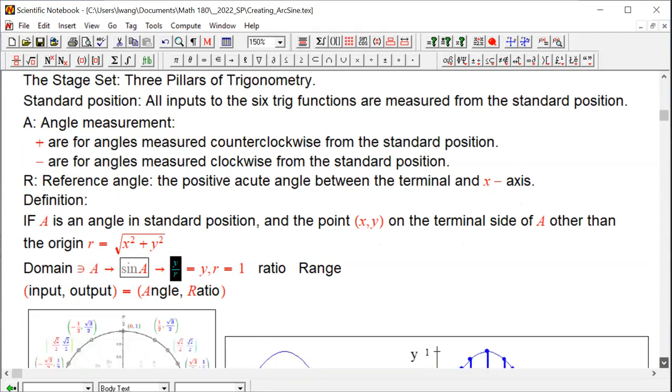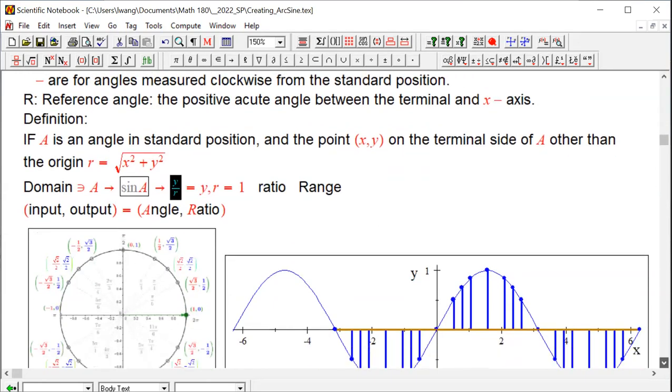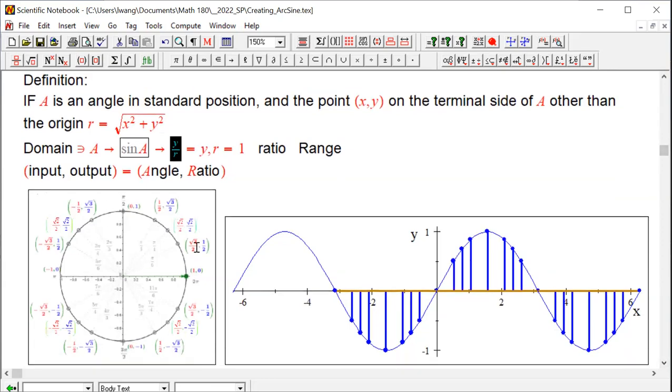What we studied about this function is that we created this unit circle, and each one of these points, in the previous lessons. Next, we took the arc length for each angle measured from standard position, along with its sine ratio, which are the blue numbers, and we created the sine curve.